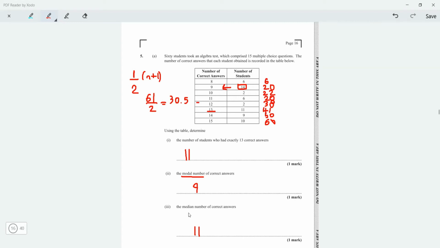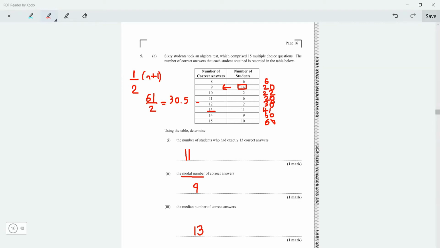And so the median number of correct answers is actually 13. So sorry about that. The median number is actually 13. All right, and the modal number, or the highest frequency measure, is 14.